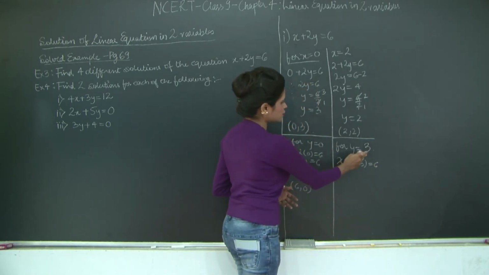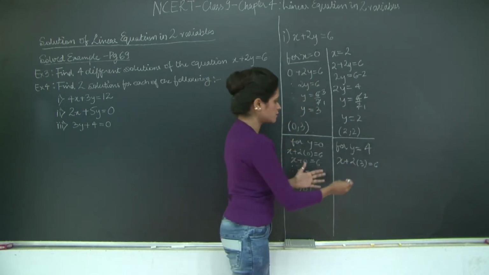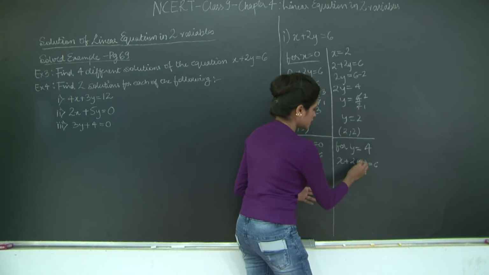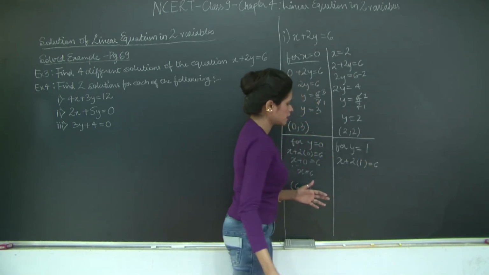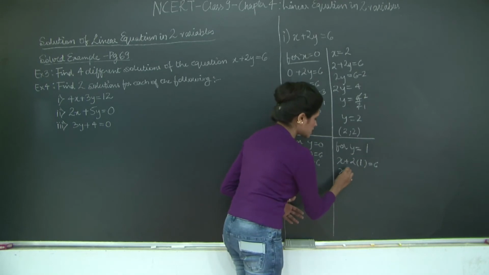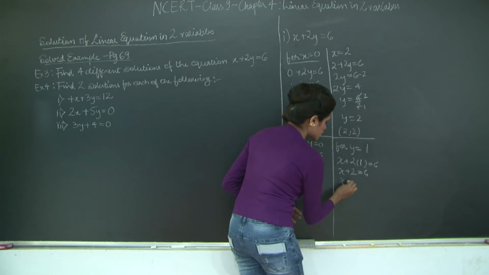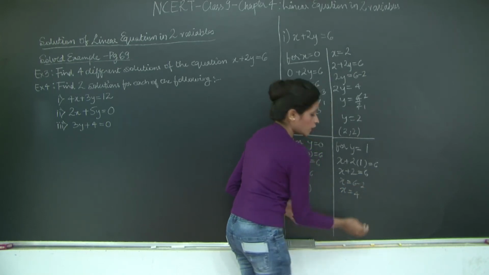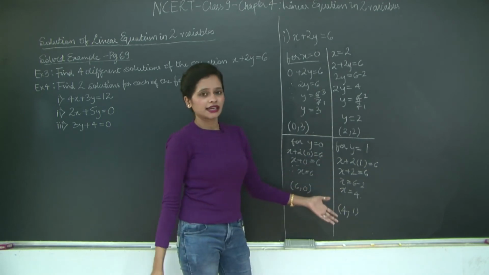We already have the solution for y is equal to 3, so no point taking it. You can take something like y is equal to 1, so I get x plus 2 into 1, so x plus 2 is equal to 6. So x is equal to 6 minus 2, therefore x is equal to 4. So what is the solution that we have? We have 4, 1.